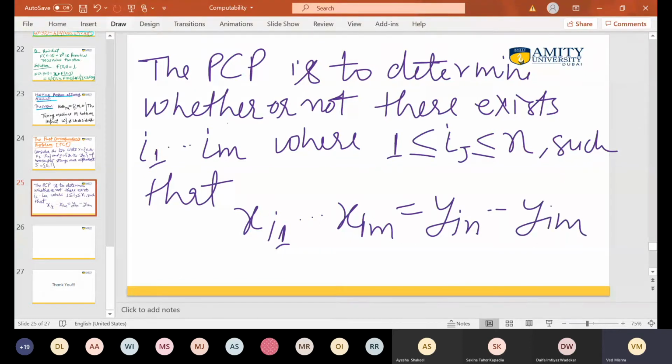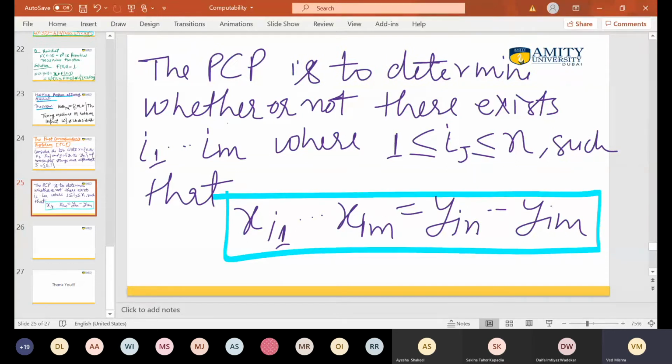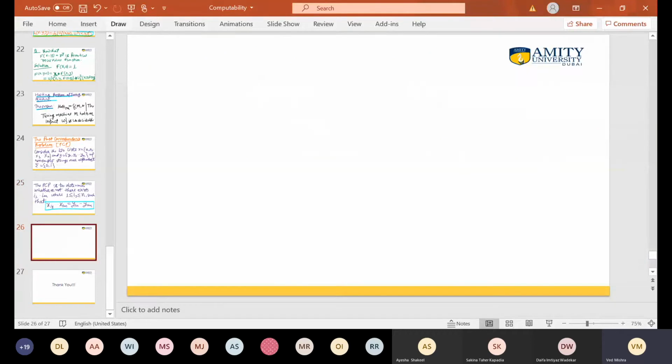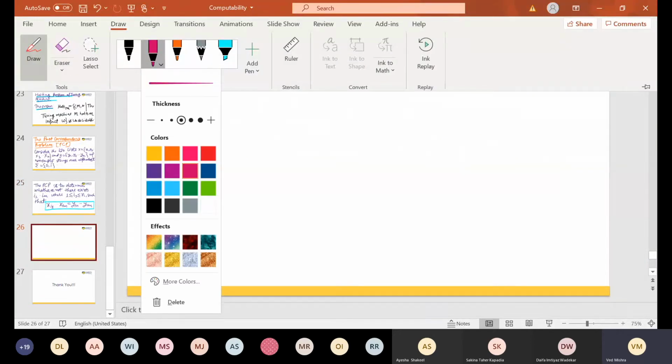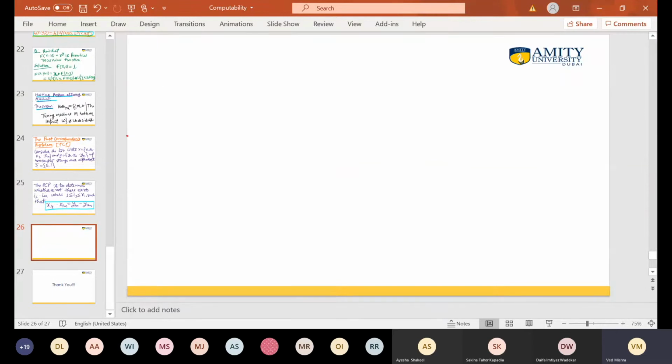I don't think with the definition you have understood this, but I will just take one example, and with that it will be more clear to you people. So we will do one example, and then still if you are confused, you should ask. So question will be like this.